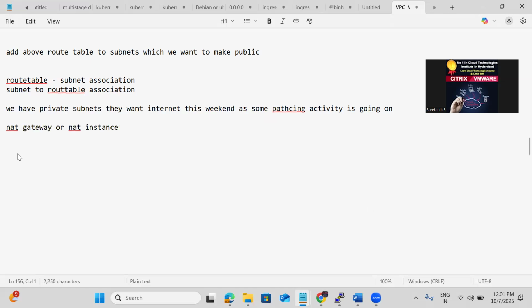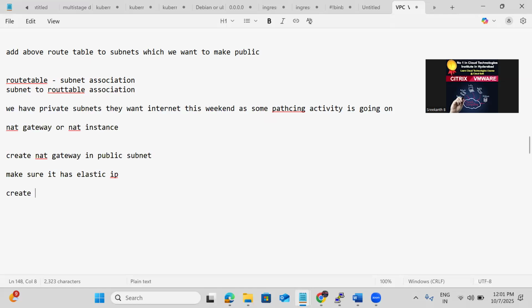Then create the NAT gateway in the public subnet, meaning don't create it in the private subnet. Make sure it has an elastic IP; an elastic IP is mandatory for that.